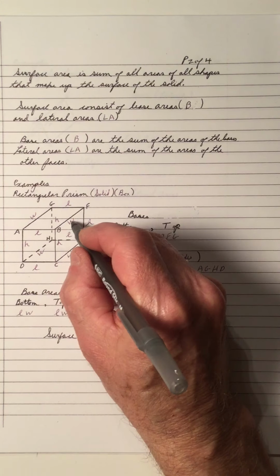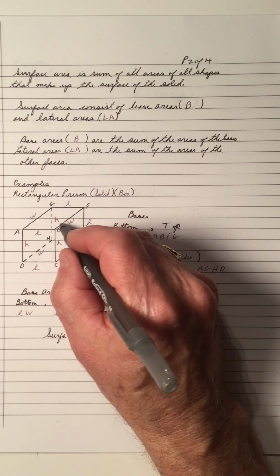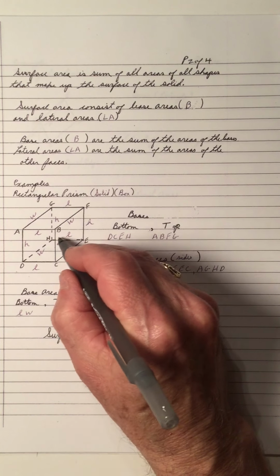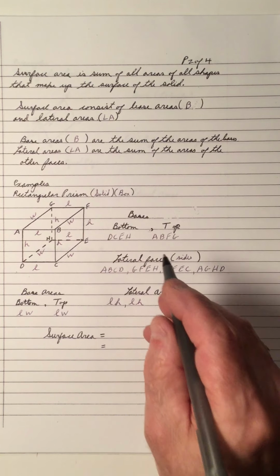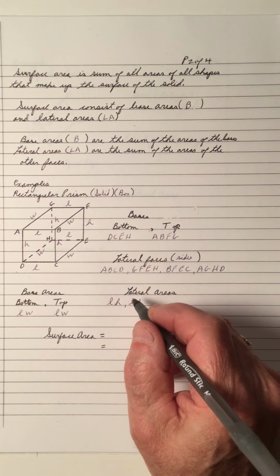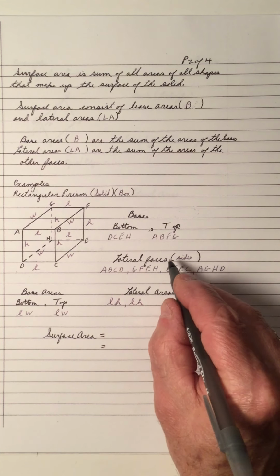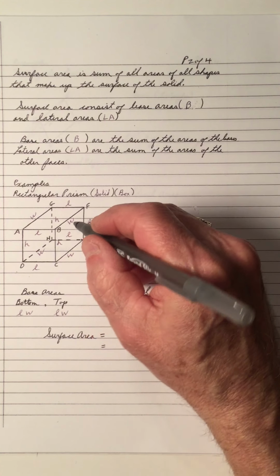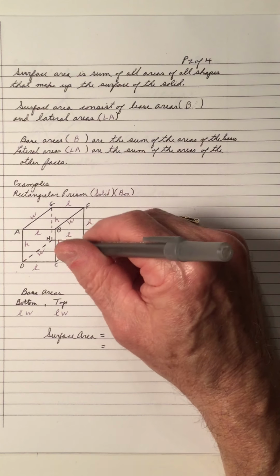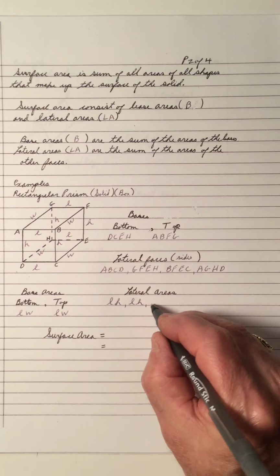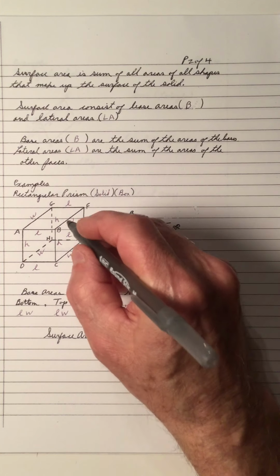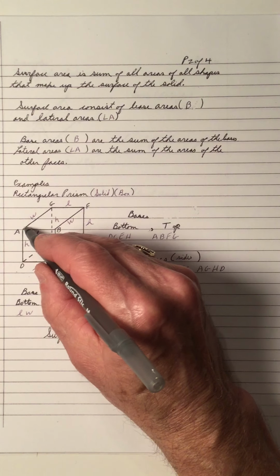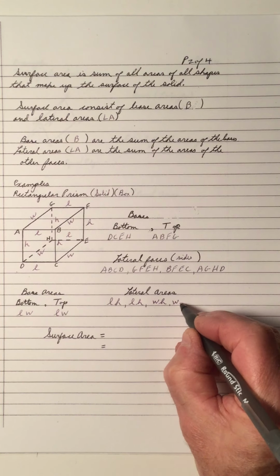The back of the box has the same dimensions, the length and the height. Because they're rectangles, we multiply the length and width of each rectangle. This side here is width times height, and this side here is the same thing, a WH.